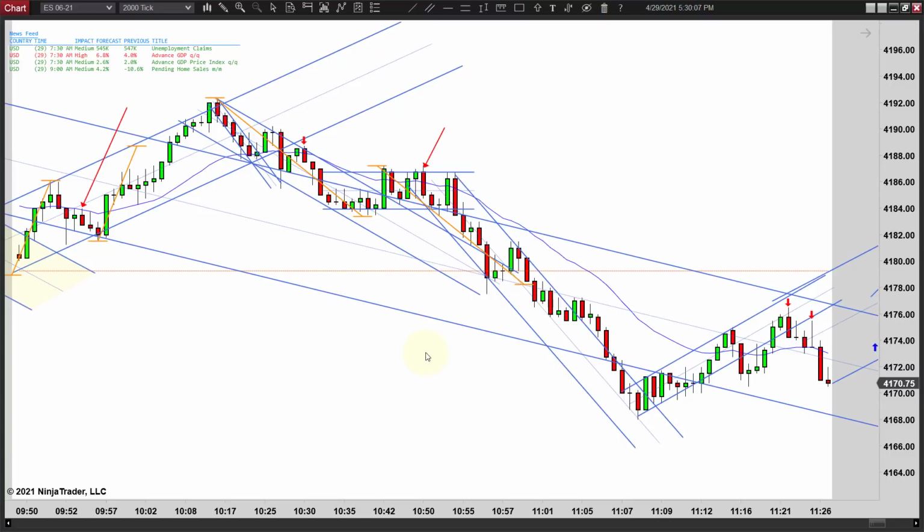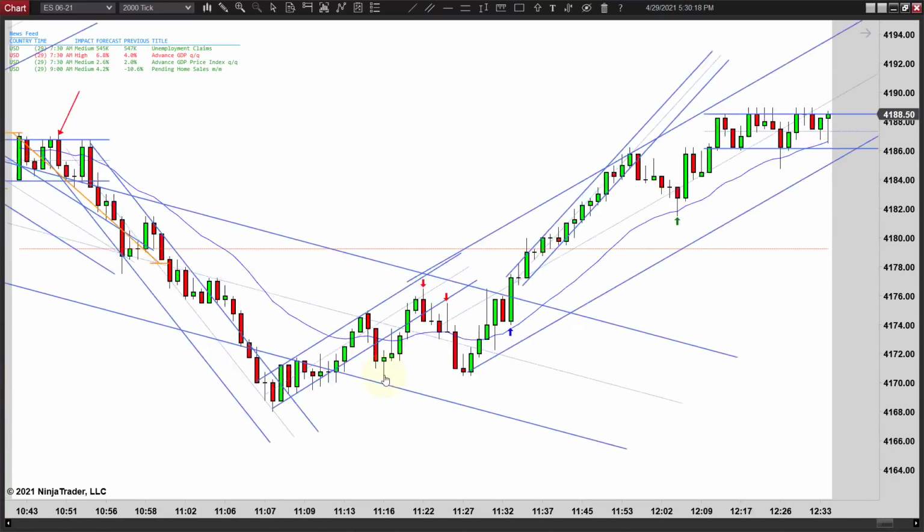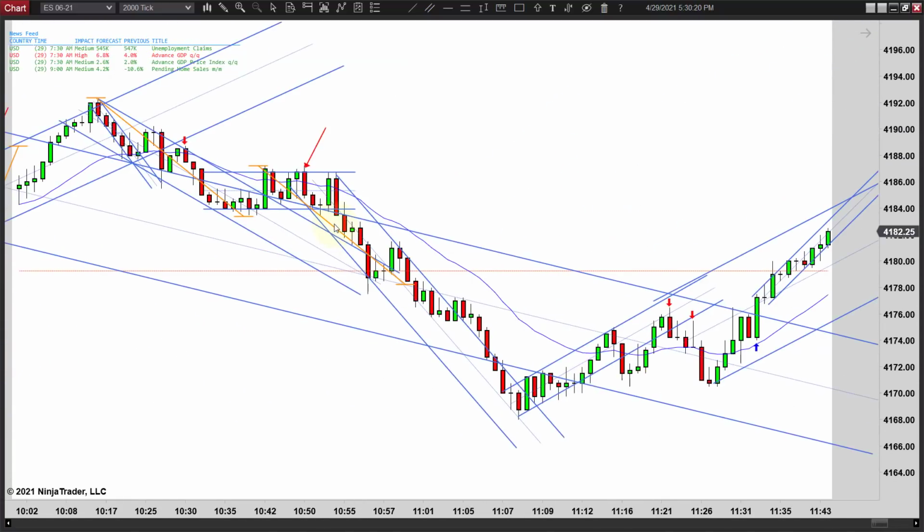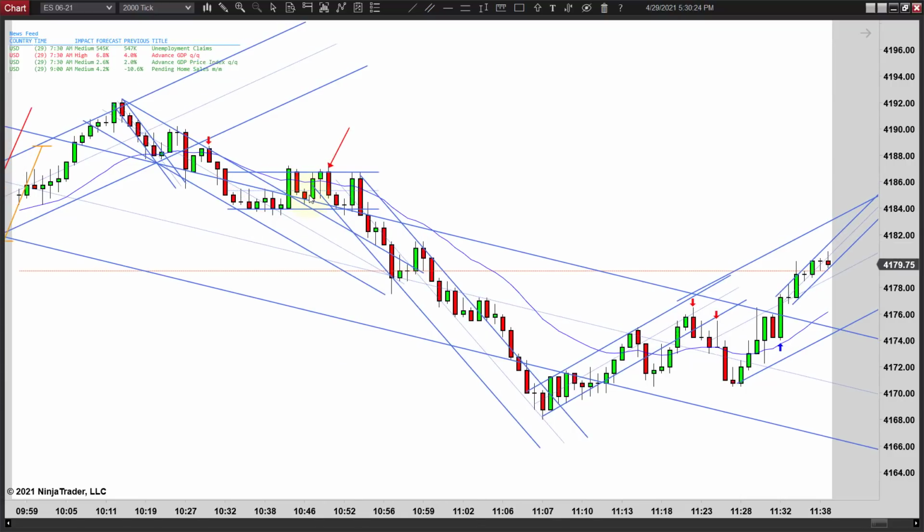The selling was so strong that it just took a little while for the momentum to slow down. And once people realize, hey, this move is over, then we're rocketing back up and we end up with an up day. So that's what happened here, once we met all the targets that I pointed out earlier.